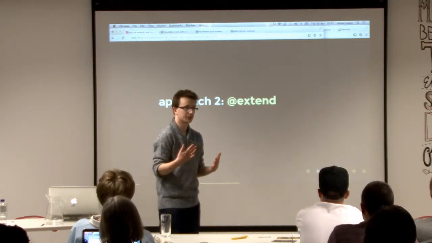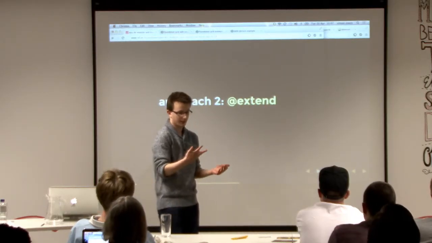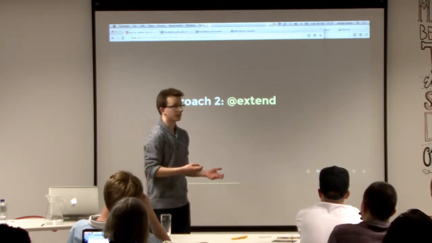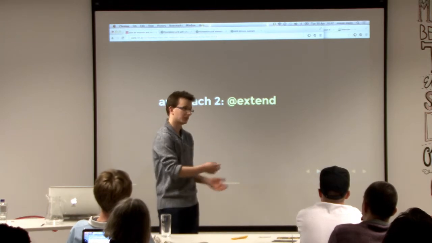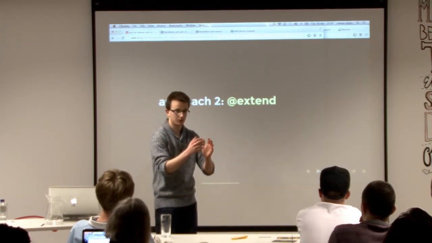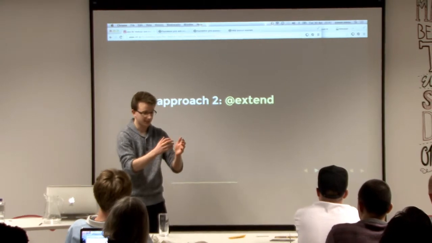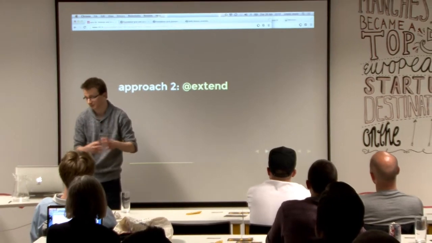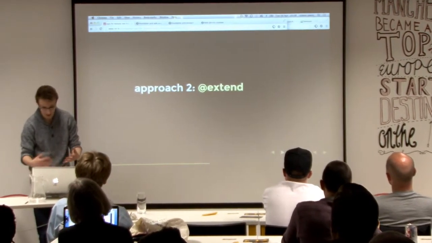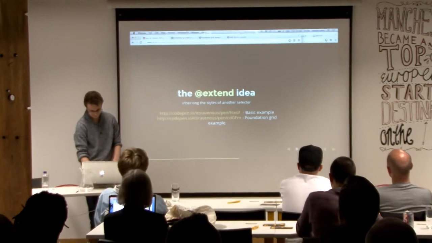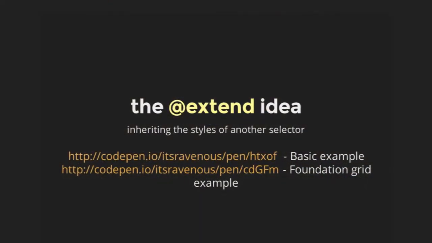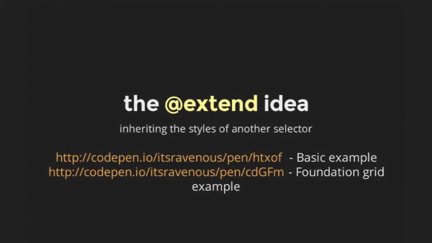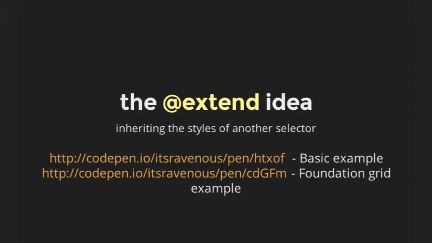My idea is that you can still use all these CSS frameworks, Foundation, Twitter, whatever, even if they're not Sassy, but instead of actually putting their classes in your markup, have in your markup just those semantic classes, so your article, your latest post, your tweets, the things that actually are relevant to or describe the content, and then extend framework styles onto those. So we'll just run through how Extend works and how it compiles down with a basic example first.